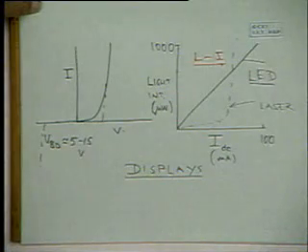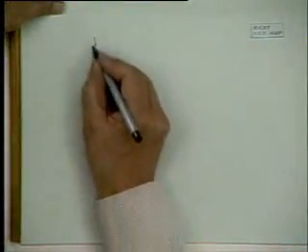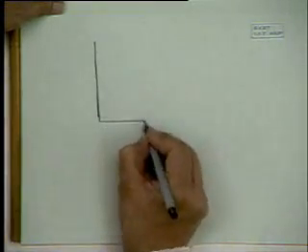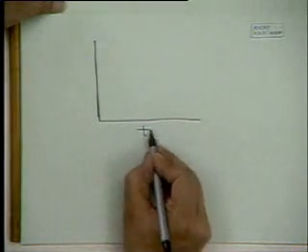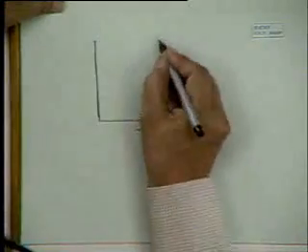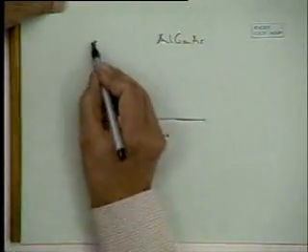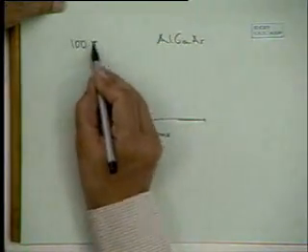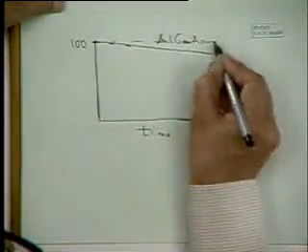Let me talk about degradation. Suppose you want to test these devices. Suppose you have a certain power output versus time, and for AlGaAs devices, you start off at, say, a certain value of 100, and there's only a very small loss.